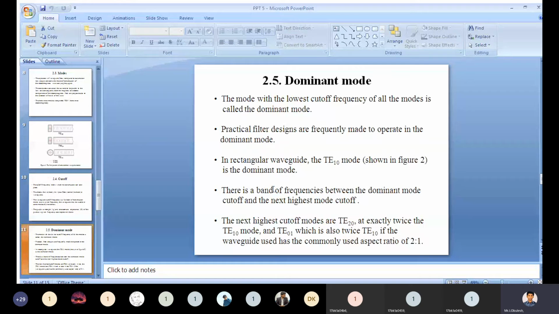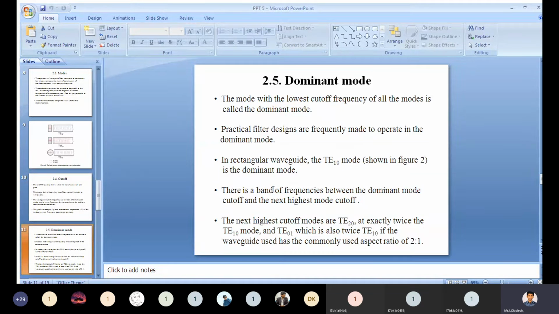Okay, the next basic component is dominant mode. The mode with the lowest cutoff frequency of all the modes is called the dominant mode.